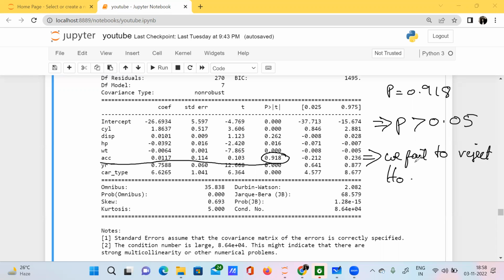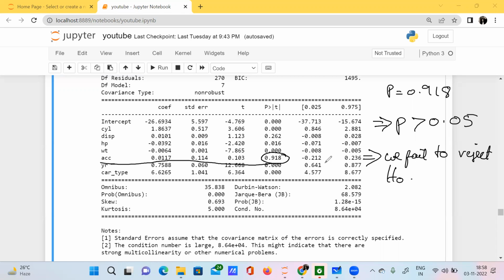That means we are saying that there is no relationship between acceleration and MPG.